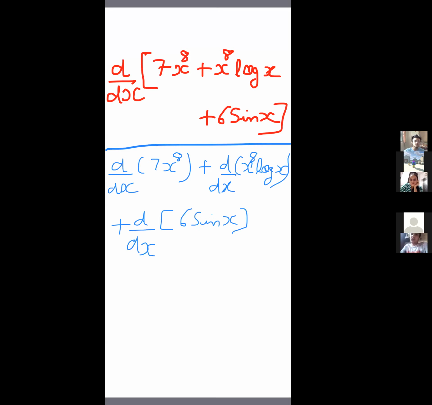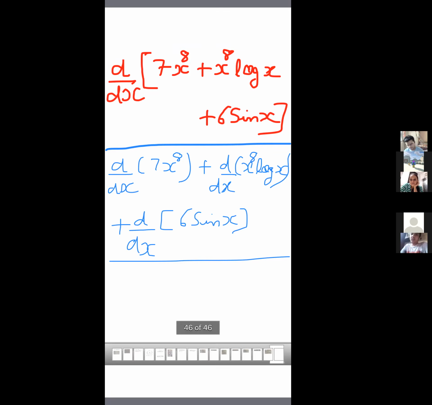Now, if you have understood differentiation properly, you will have understood that we need to apply product rule only once in this particular case. So tell me if you have used the same logic, used product rule only once.